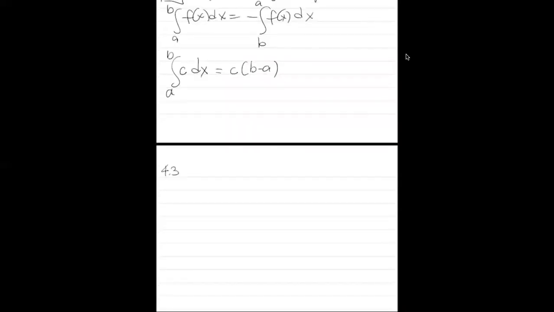4.3, fundamental theorem of calculus. Fundamental theorem of calculus, part 1.